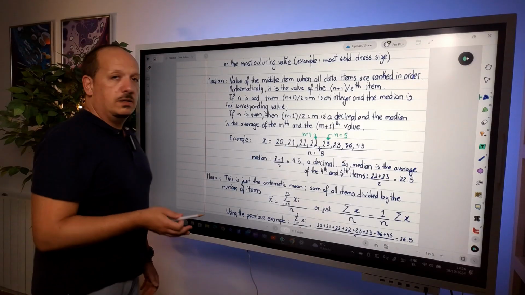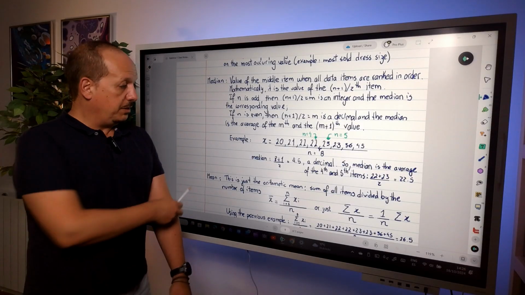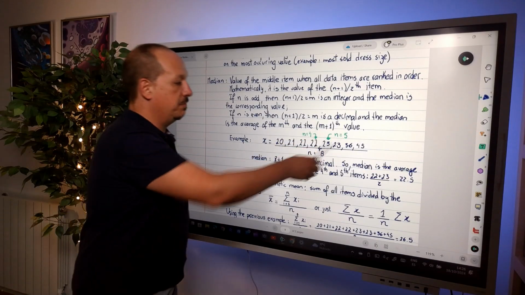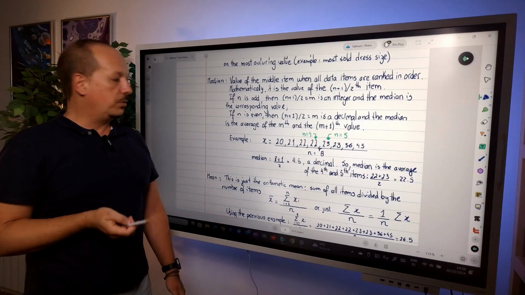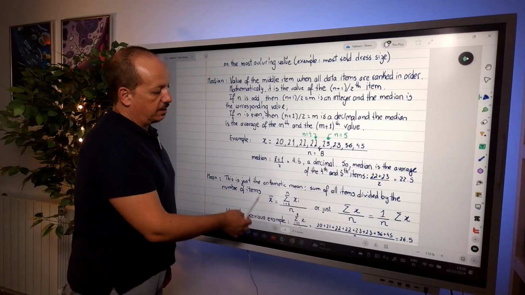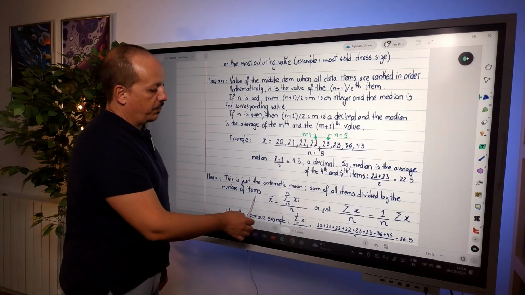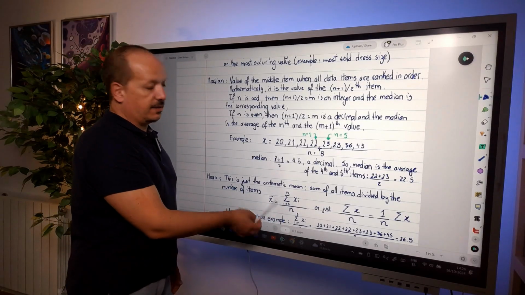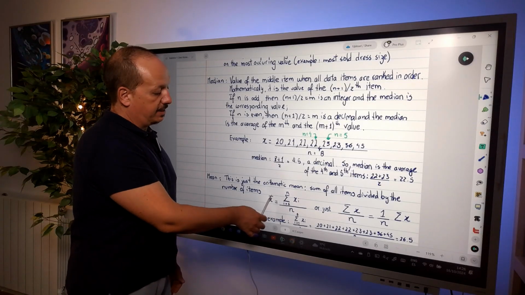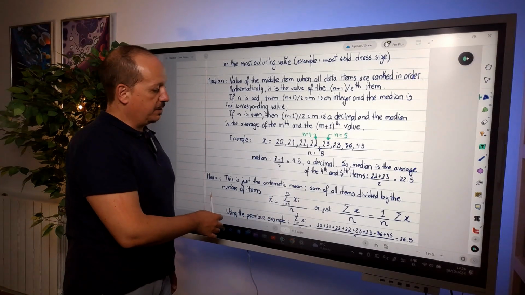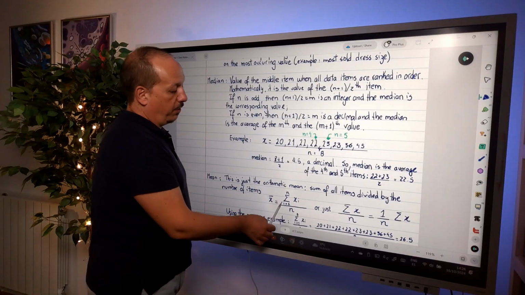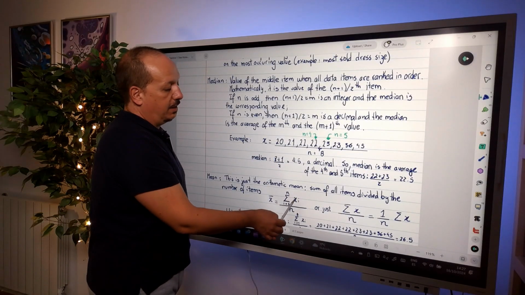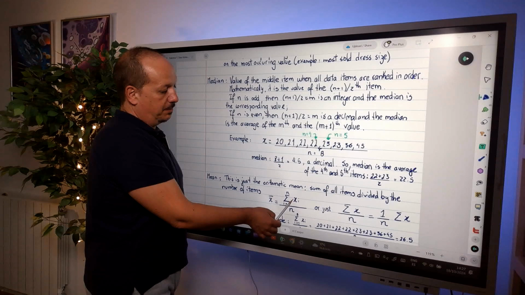What about the mean? The mean is just the arithmetic mean. It is the sum of all items divided by the total number of items. Mathematically speaking, this is how it is represented. If x represents the item, it is x with a bar on top of it, and it's the sum of all elements from 1 until n of each individual element.